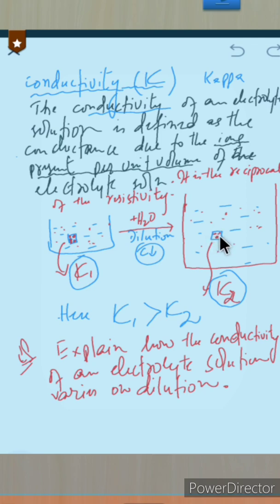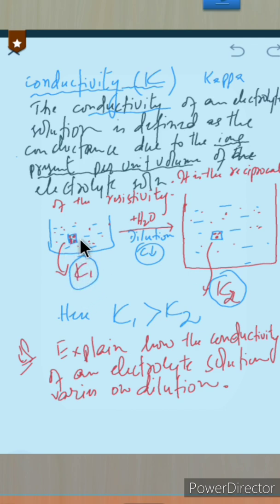We supposed the number of ions per unit volume was 5. When the volume increases, the number of ions present per unit volume will be less. Suppose this is 3. So due to these 3 ions, the conductance will be conductivity kappa 2, and due to the 5 ions, the conductivity is kappa 1.